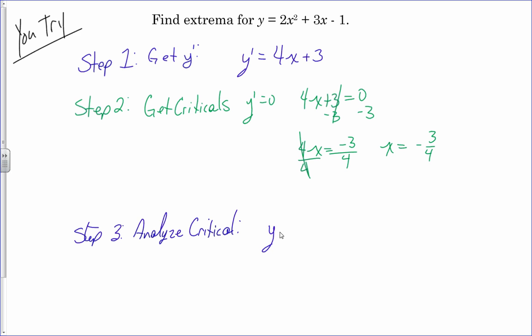So y equals 2 times negative 3/4 squared plus 3 times negative 3/4 minus 1.